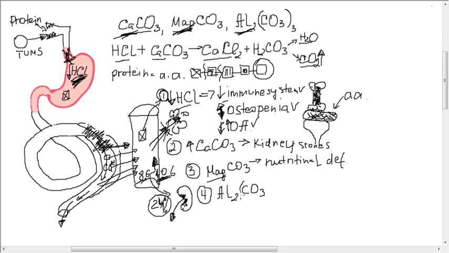And number 4, suppose a person is taking aluminum salts, Al2(CO3)3. That's the chemical formula. Problem number 1 with aluminum: aluminum competes for the seat, or for the receptor, on the surface of the digestive tract with calcium.